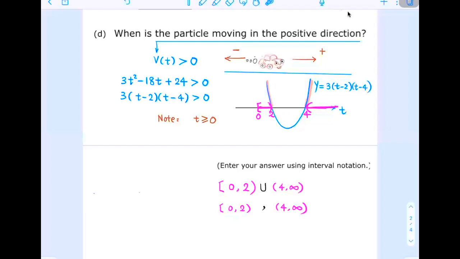So when you're asked to enter the answer here using interval notation, you can put down the interval, bracket 0, 2, parenthesis, union, parenthesis, 4, infinity, parenthesis. Or you can put a comma between these two intervals.